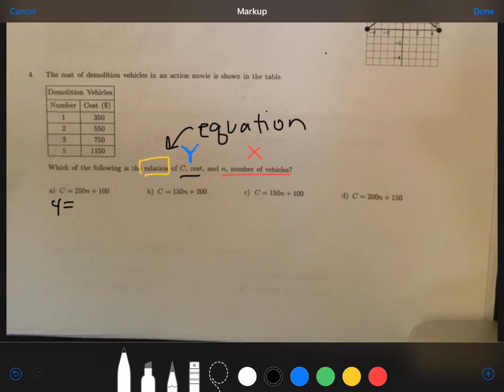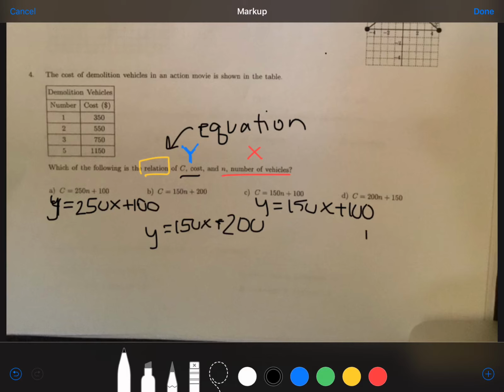So on A, you're going to write Y equals 250X plus 100. On B, Y equals 150X plus 200. And I'm only moving down because I'm writing with this pen and it's too big to write it all together. On C, Y equals 150X plus 100.